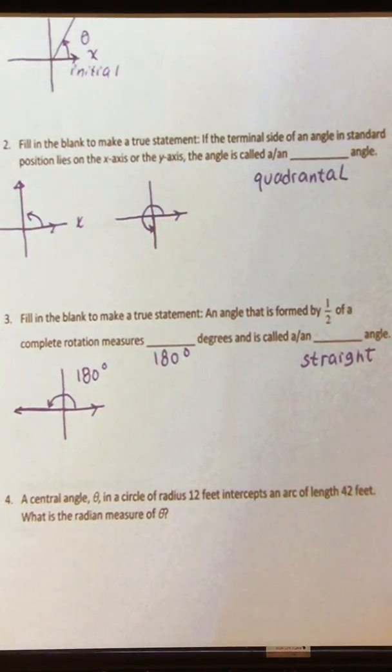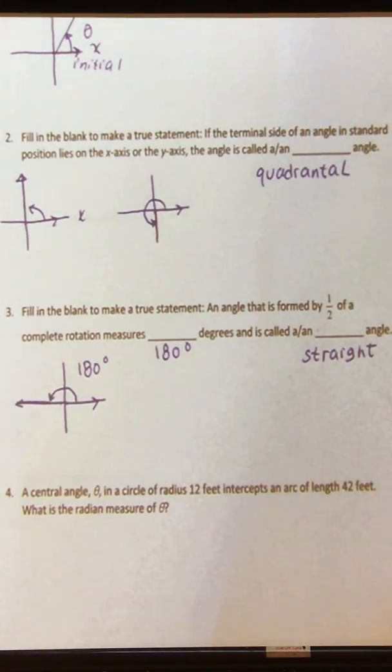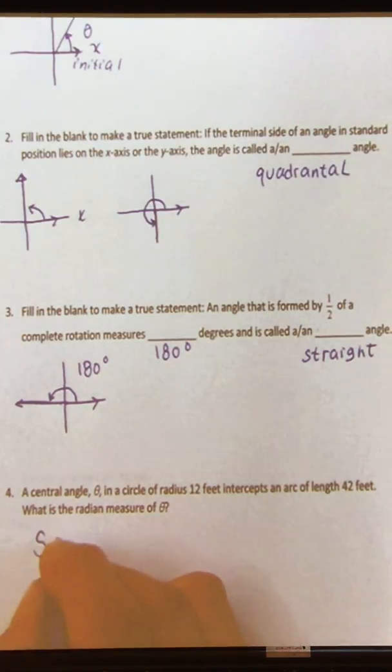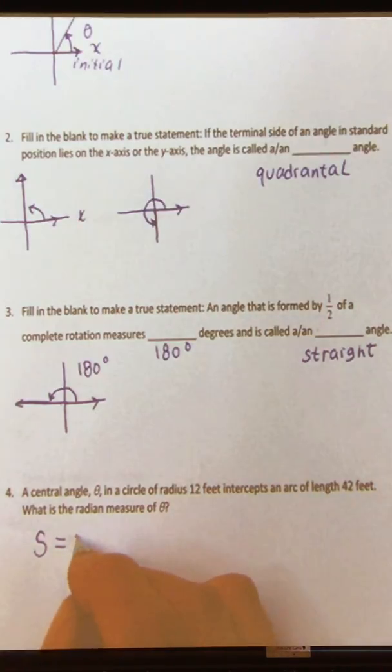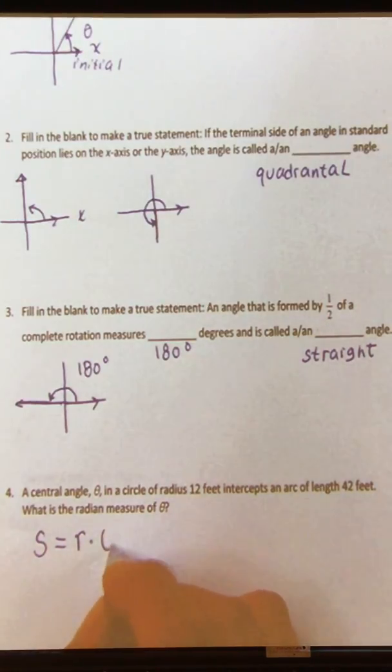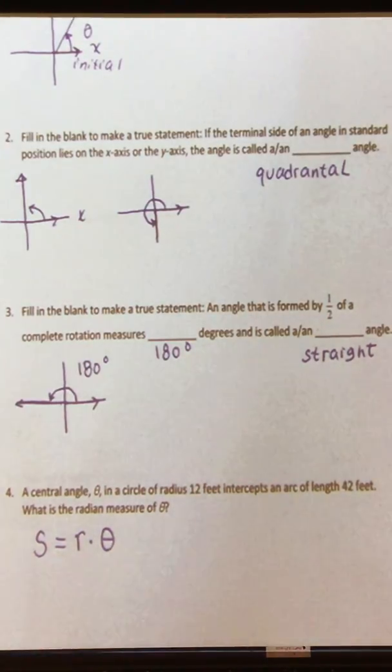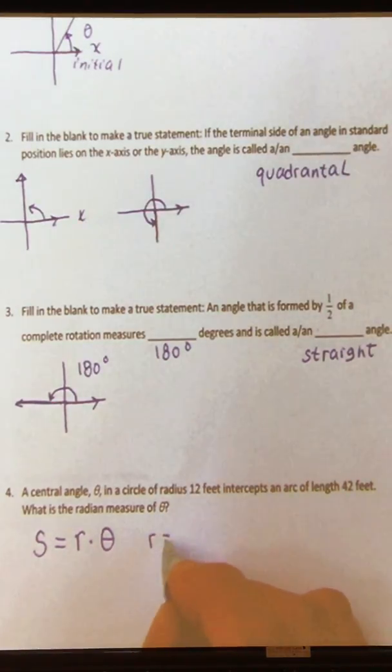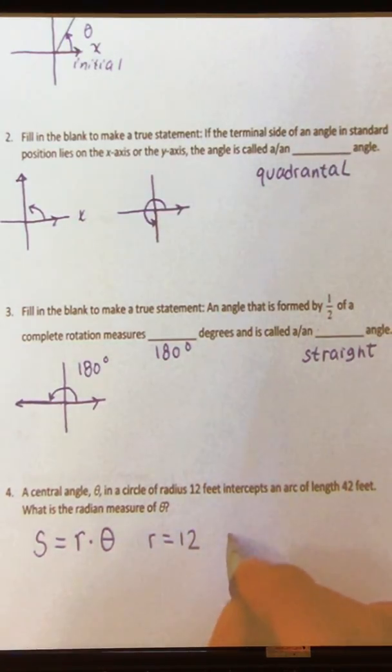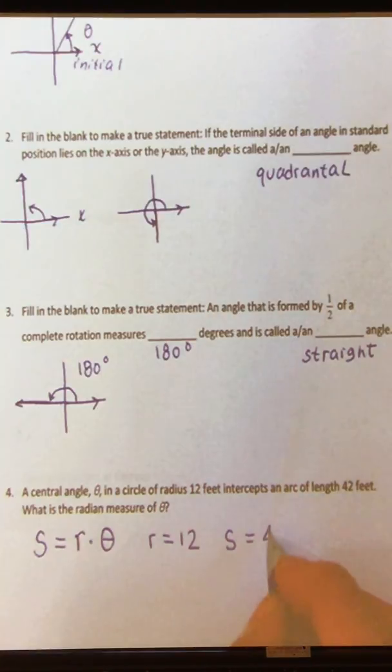Problem 4. A central angle theta in a circle of radius 12 intersects an arc of length 42 feet. What is the radian measure of that central angle? The arc length S is equal to the radius of the circle R times the central angle theta. Here we're given that R is equal to 12 and the arc length S is 42.